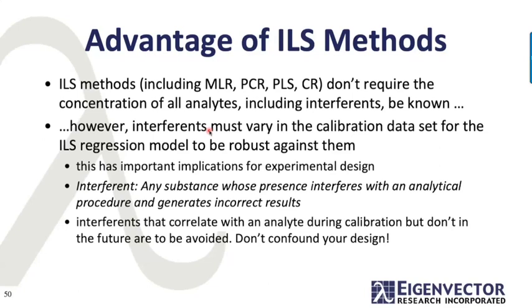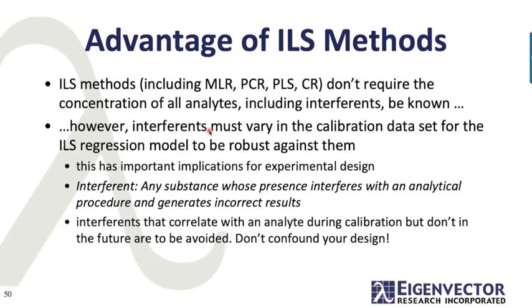It does have this important implication for experimental design, and that is you have to make sure that these other things that might vary in the future when you're trying to apply the model also vary in the calibration data that you're deriving the model from. Otherwise, the model doesn't learn to ignore them.